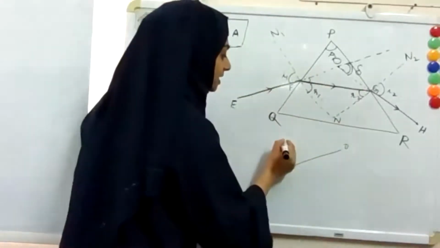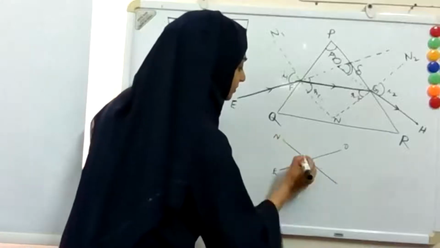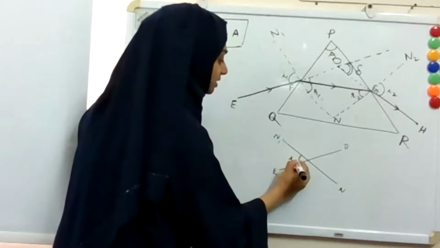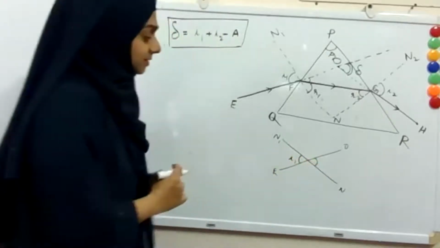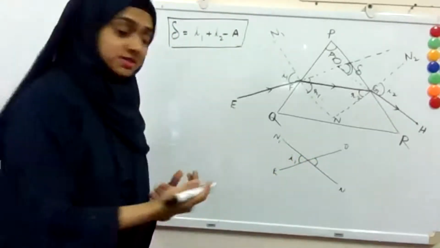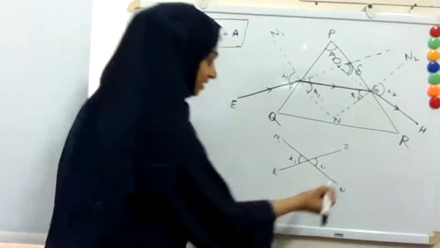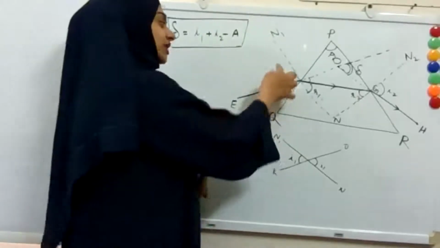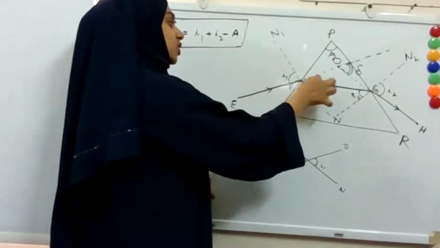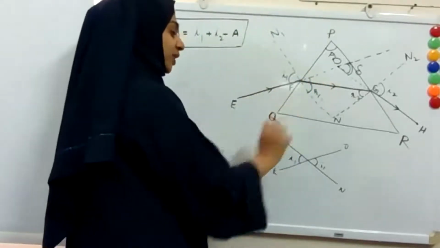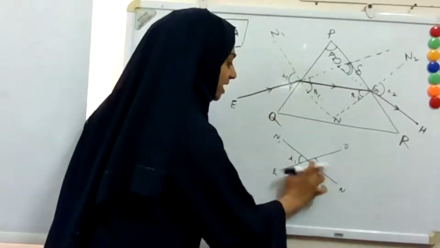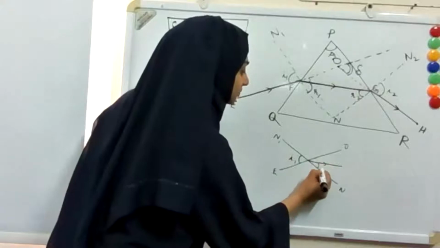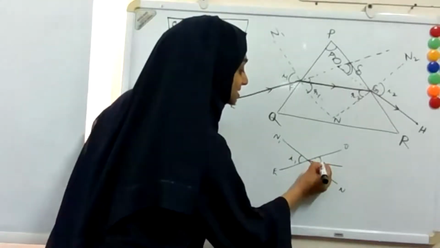N1N is this line, right? This angle is I1. So what will be this angle? I1 itself, right? EO, N1N. So if this angle is I1, this total angle should be I1. But here we have a part of that broken like this, and R1. So what will be this angle?